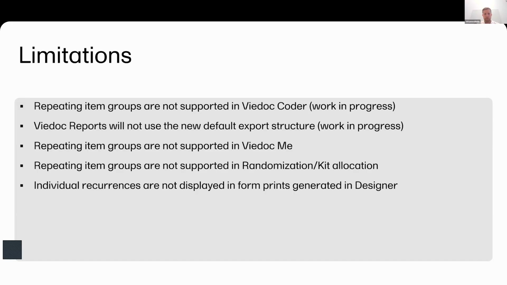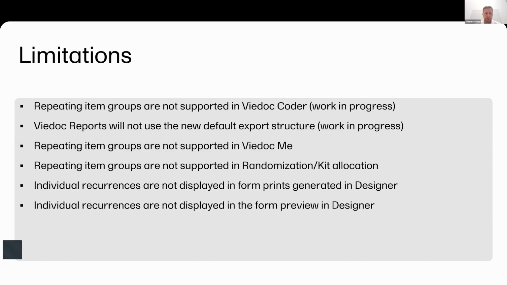The form print is basically printing what you have in Designer, so you will still be able to see the icon that this item group is repeating, but you will not see every individual repeat. And the same thing with the form preview. You would be able to see that this is a repeating item group, but not the individual recurrences.